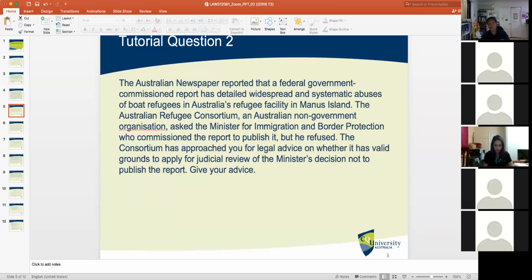The second reason I would advise the Australian Refugee Consortium against asking for a judicial review of the decision not to publish the report is that the ARC does not have locus standi, because it has no legal right to the report. It has not been affected by, it is not the subject of, the systematic abuses because it is not a boat refugee.